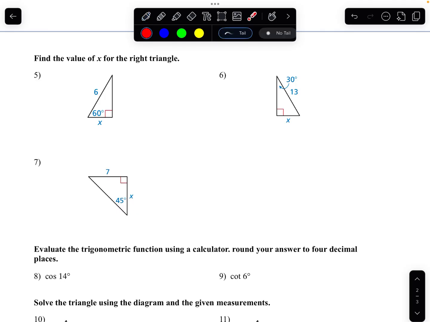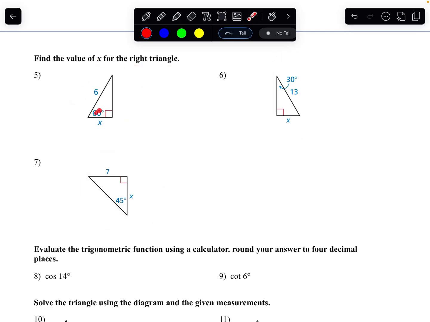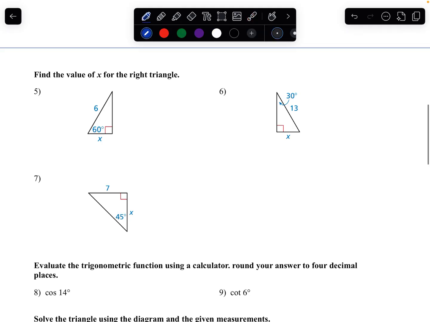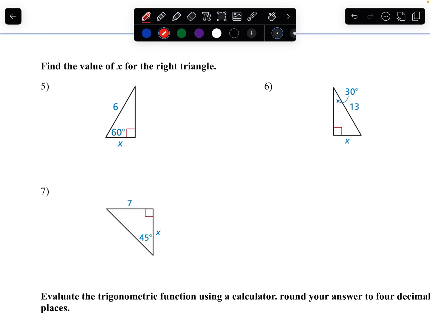Now, moving along to these three right here, find the value of x for the right triangle. All these right here are special triangles, special angles, 60 degrees, 30 degrees, 45 degrees. So if you remember that in a 30, 60, 90 triangle, the ratio between the shortest side, which is what this is, so if this angle right here is 30 degrees, opposite to the 30 degrees is the shortest side in this triangle, and the shortest side has a ratio of 1 to 2 with the hypotenuse.